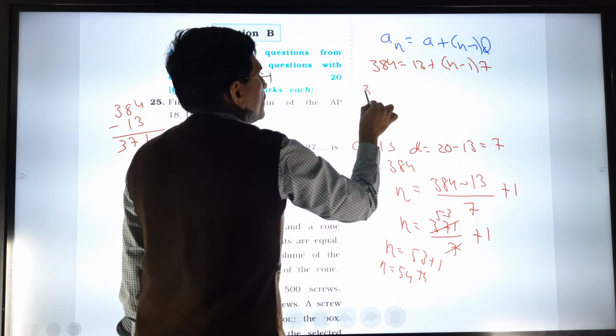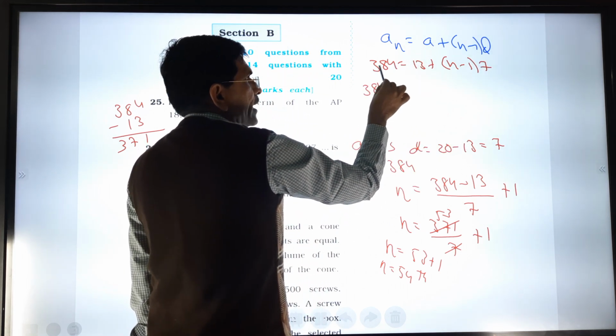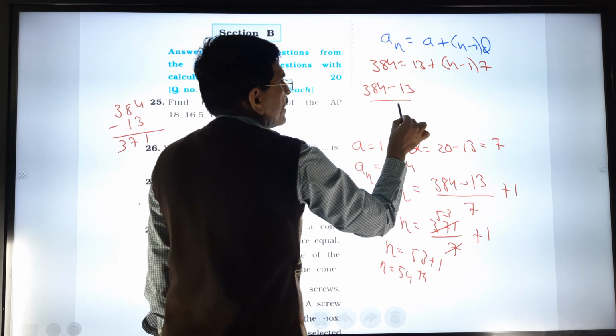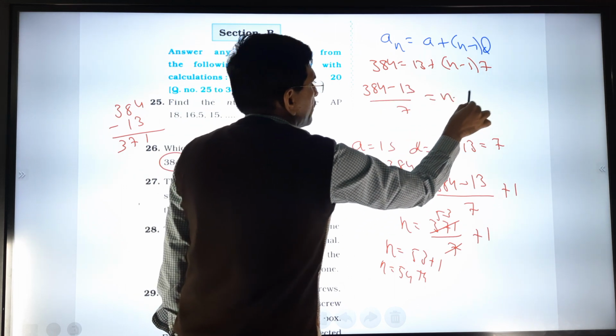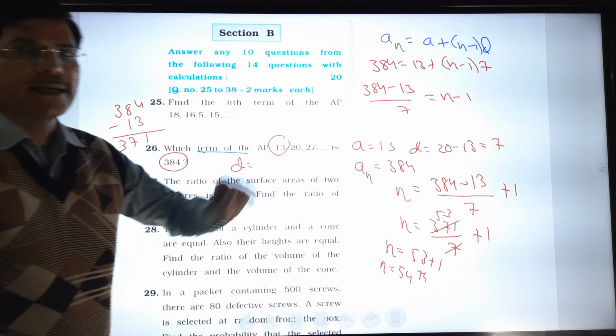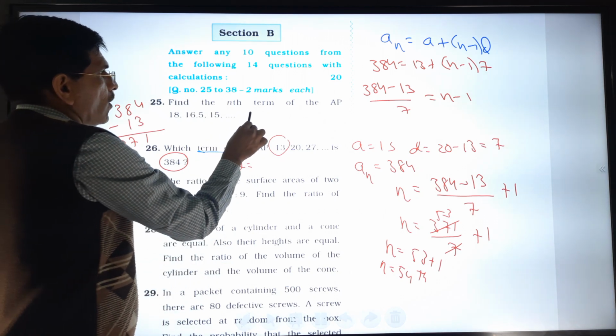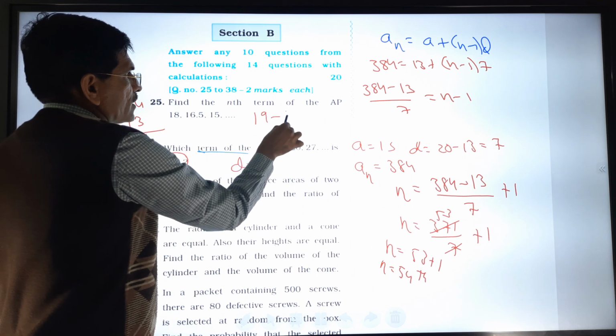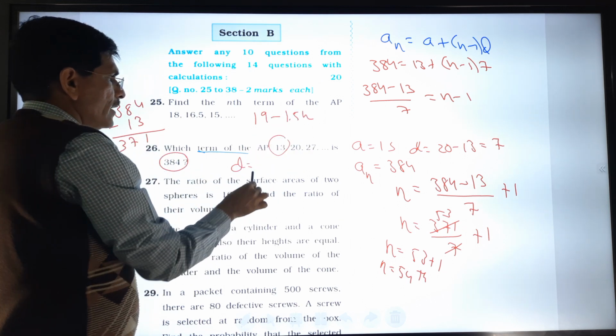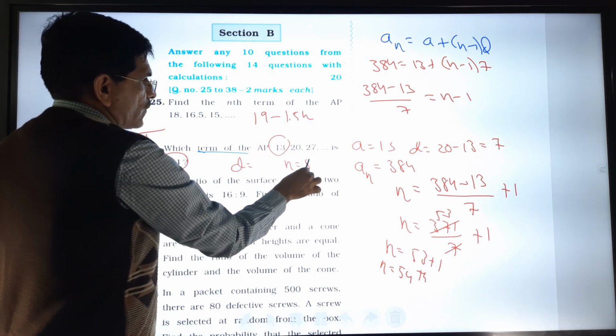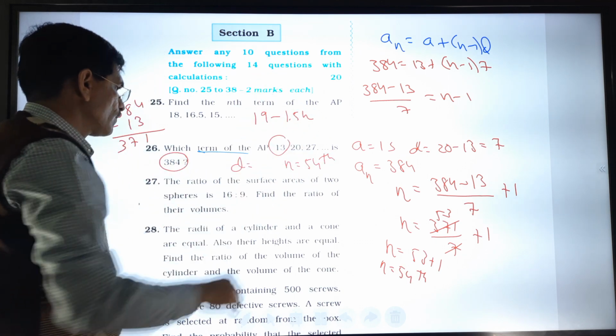So I have to open the bracket. So 384 minus 13 divided by 7 is equal to n minus 1. Again you will get the same answer. So here n is equal to the 54th term.